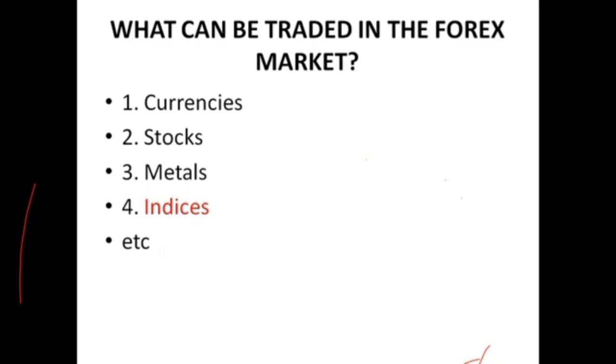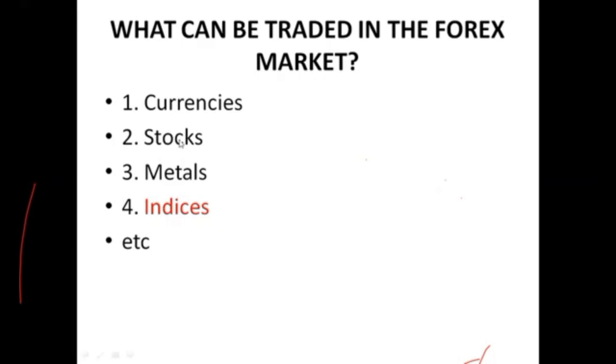So we have several currencies. Now, how do you trade these currencies? You trade one currency against the other. You can trade USD against GBP, which is Great Britain pound. You can trade JPY against NZD, New Zealand dollar. You can trade CAD, which is Canadian dollar, against US dollars. That is when it comes to currencies.